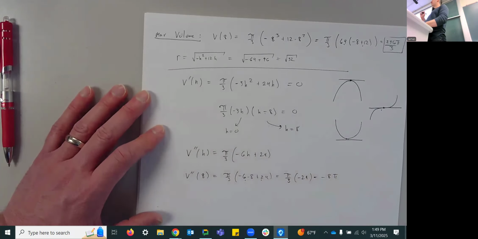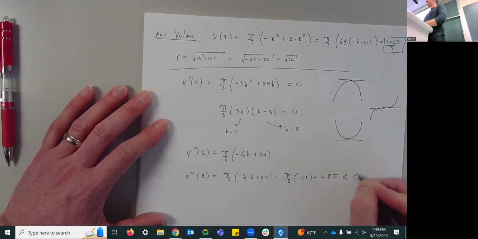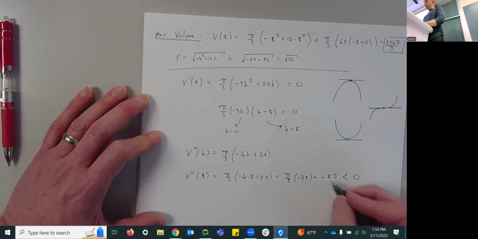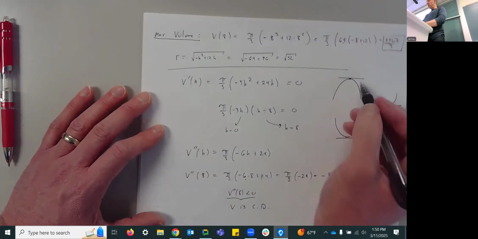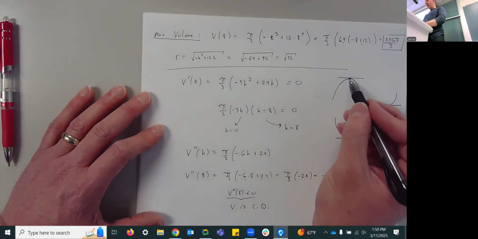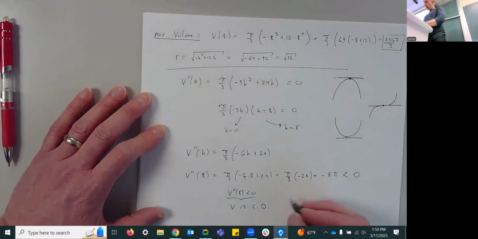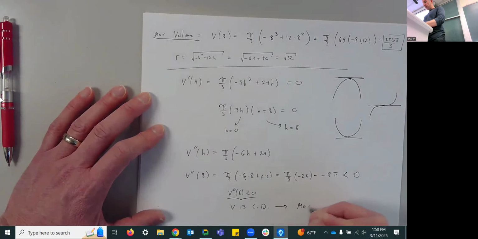I don't actually care about the value, I just care that it's negative. If it's negative, that means that V is concave down, meaning it looks like this, meaning we have to have a maximum because the function is concave down. Concave down means max.